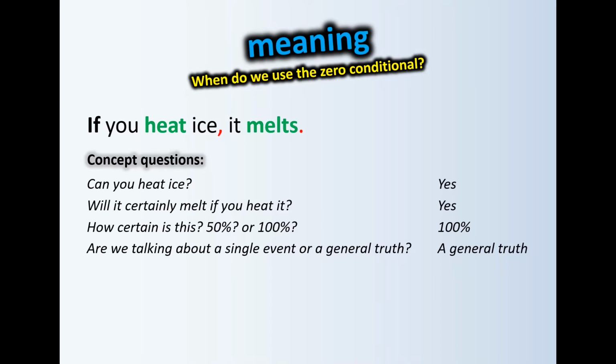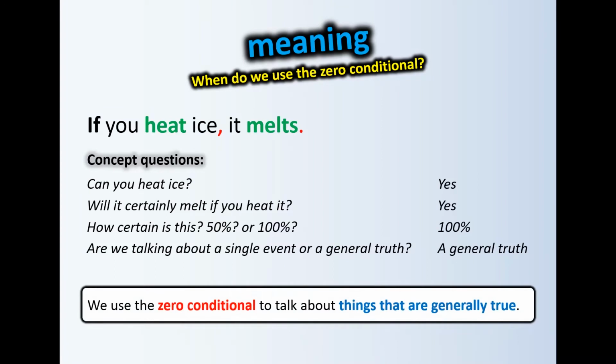Now that we have correctly answered the concept questions, we can easily come up with the following rule. We use the zero conditional to talk about things that are generally true. To clarify, here are more example sentences.